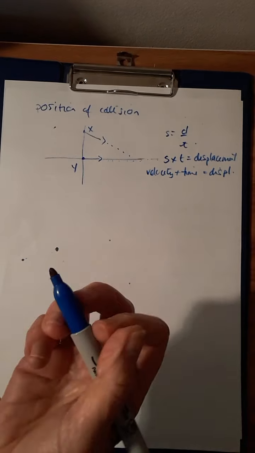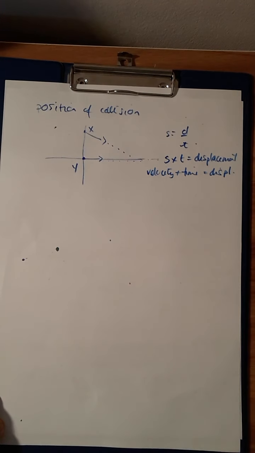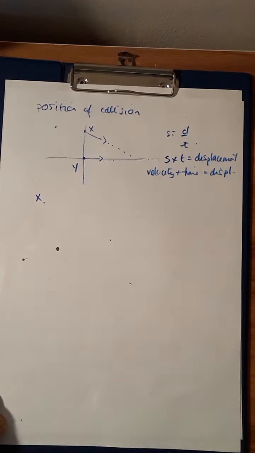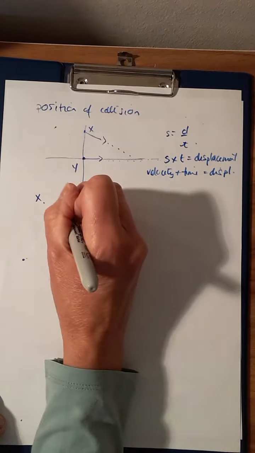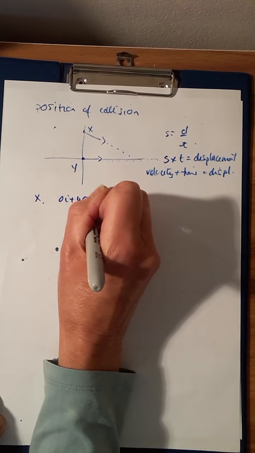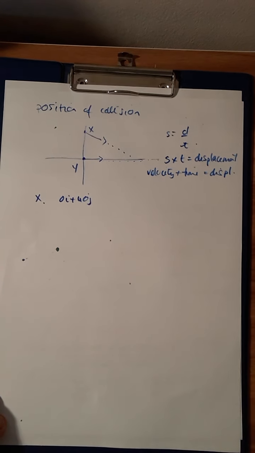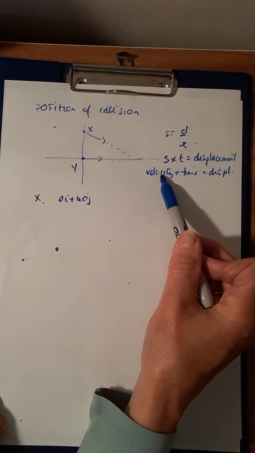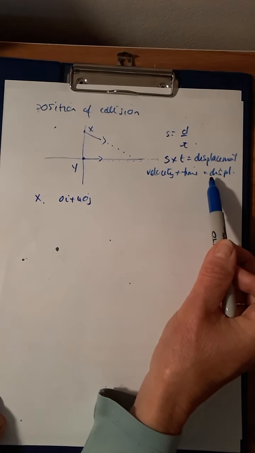So let's look at x. We only need to do one of these, but I'm going to do both of them just to prove it to you. So let's take position x. Its position is 0i plus 40j. And it's going to travel along for 4 more seconds at the velocity with which it's going, and then we'll see where it is.